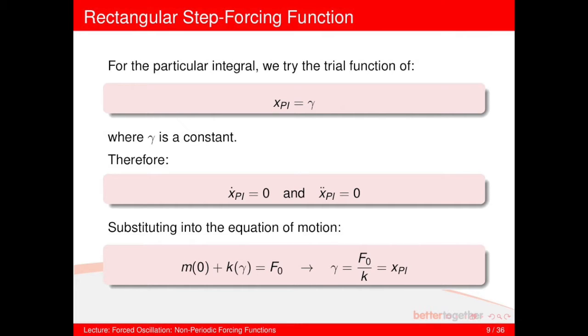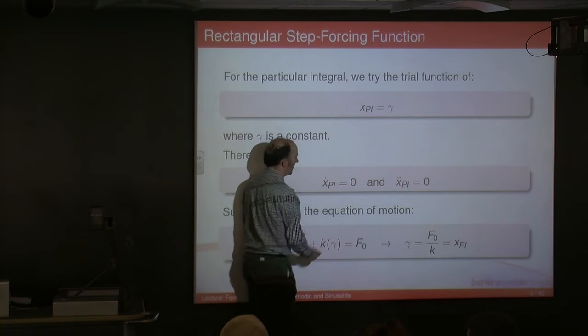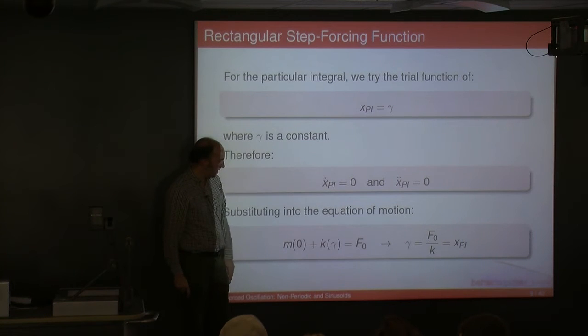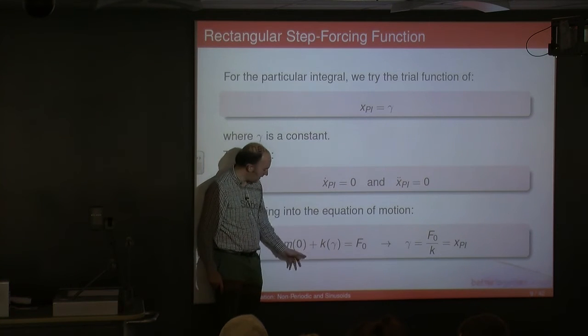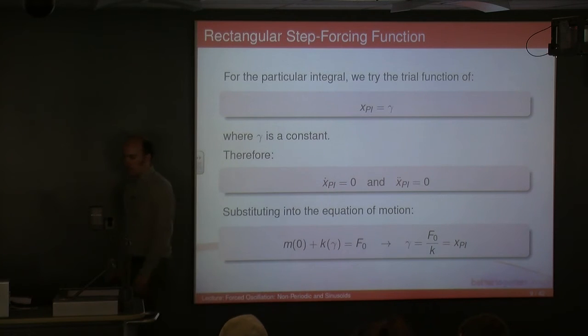That is my particular integral. So what you do is you take your particular integral, take the first and second derivatives, and stick them back into your differential equation of motion. By doing that, you'll find the unknowns. Here gamma comes out to be F0 upon k.